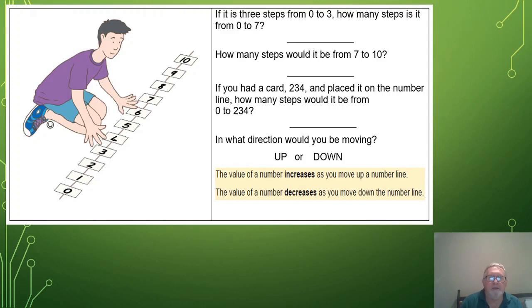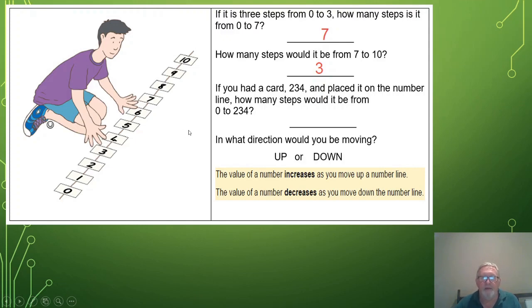And of course it would be 7. 7 steps. Okay, so therefore, if you go on from 7 through to 10, how many more steps would that be? And of course the answer is 3 more.